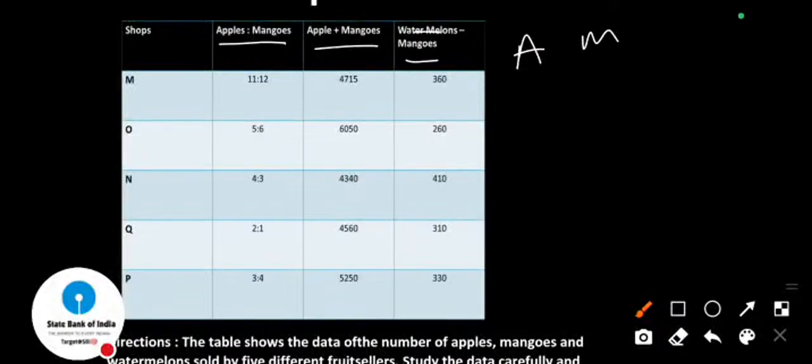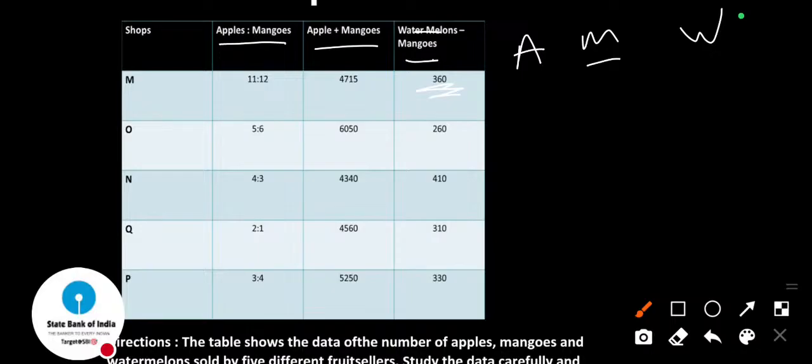So we have the mangoes value, and watermelons minus mangoes is given as this value, which means if we add this number 360 to the mangoes value, we get the watermelon value. So we can find apples, mangoes and watermelons individually.